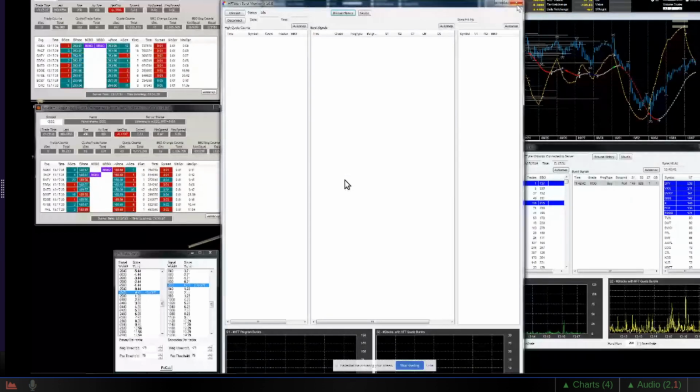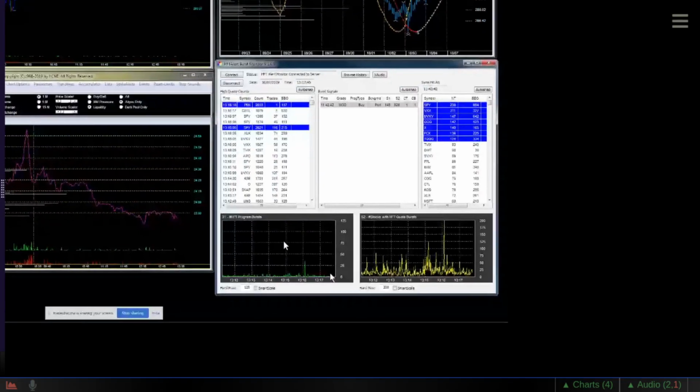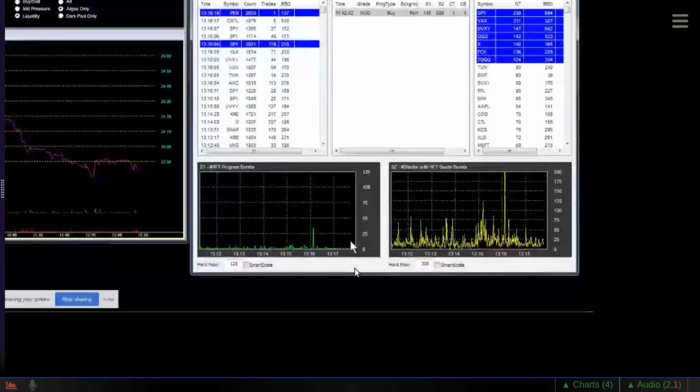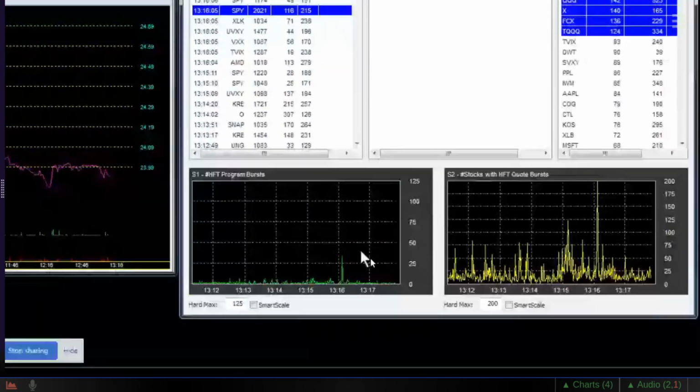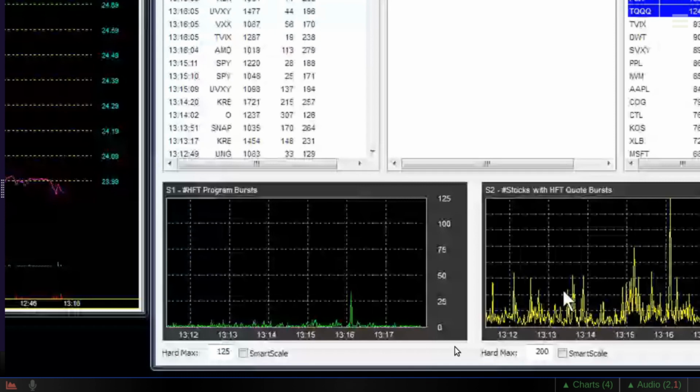But I could have brought up some history, and you'd see on an active day, this green graph would be way up here at 25 or higher, and there'd be all this black space, which means that there were so many order entry systems on that they were quoting stocks at very high levels. In other words, lots of stocks were being quoted by multiple machines.